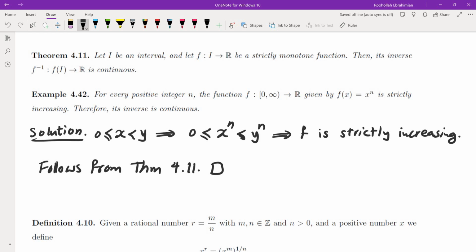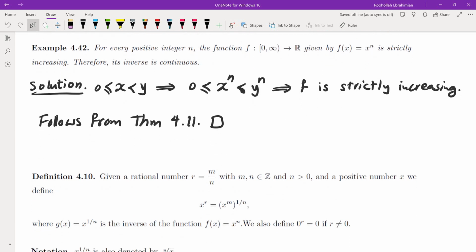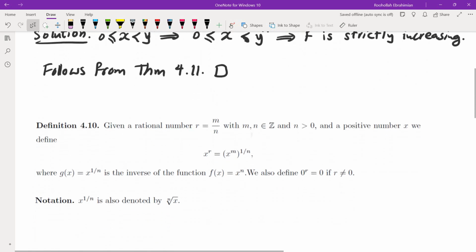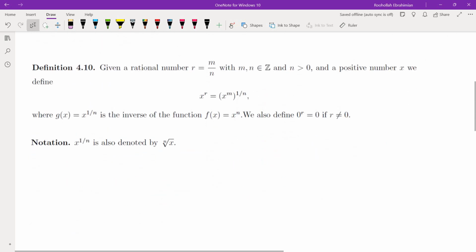So this example is important, because it tells us that the nth root of a number, the function that sends every x to the nth root of x, is a continuous function. And of course you need x to be positive, because there could be issues when n is even.